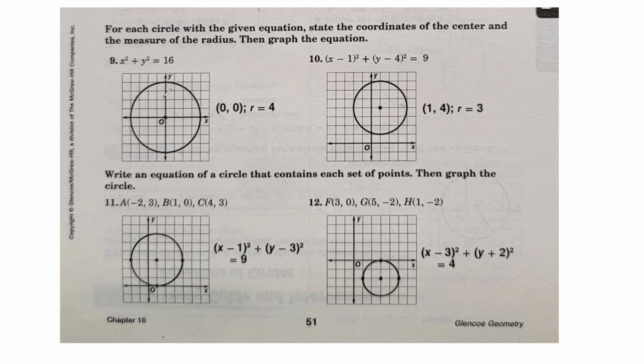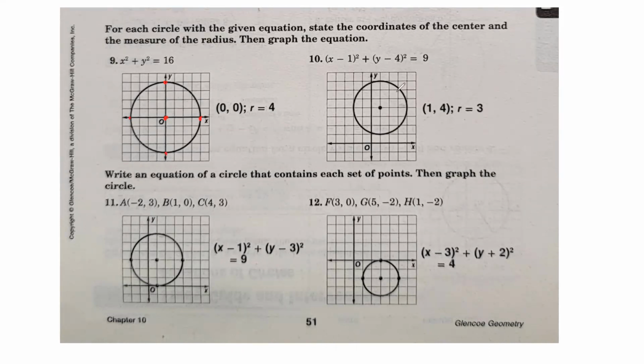We had to identify what the center was, what the radius was, and then draw our circle. So we had the point 0, 0 would have been our center point. The square root of 16 gives us 4, so the radius is 4. So again, when you go to graph it, all you had to graph was the center point, graph a point 4 units out from each side for a radius, and then connect those points.